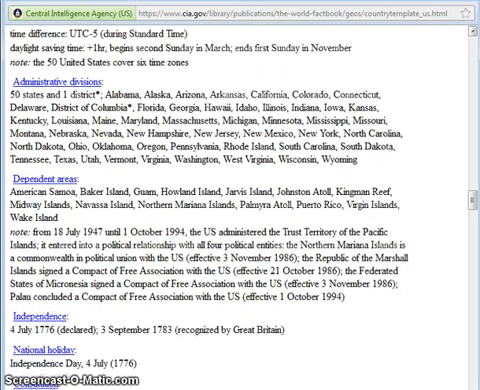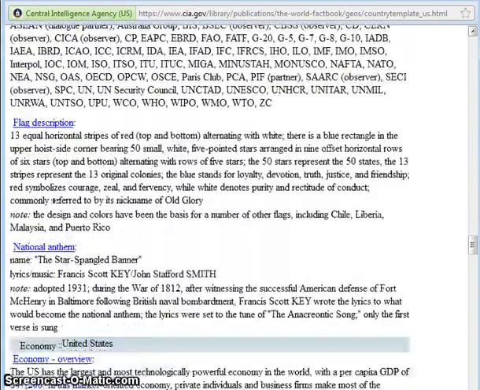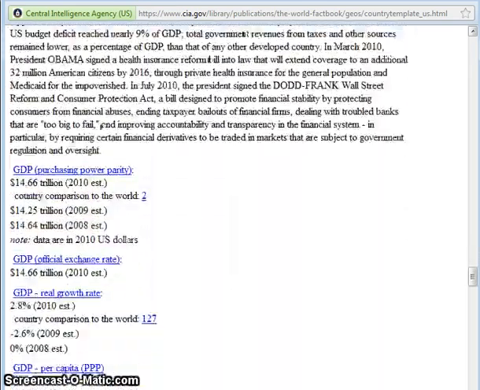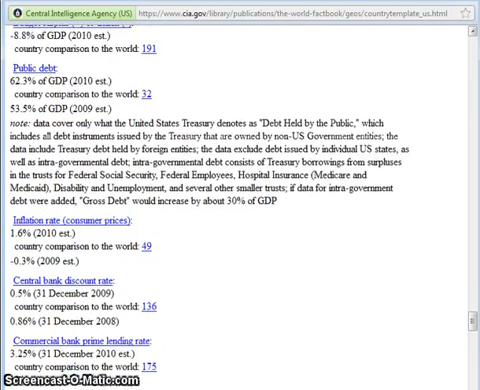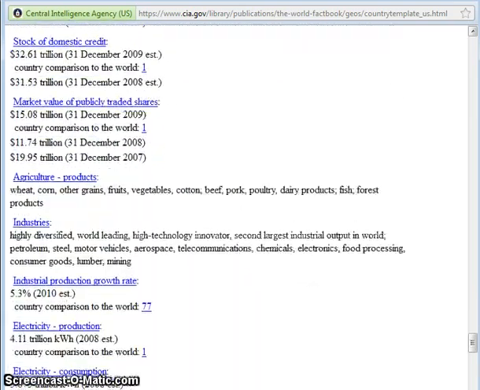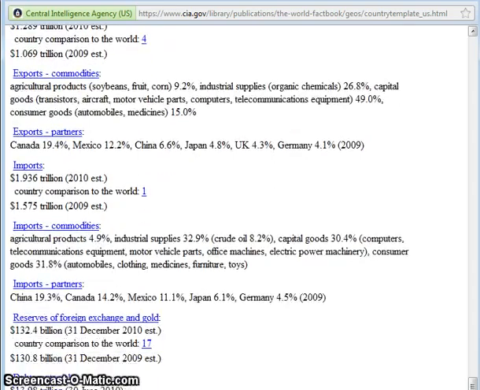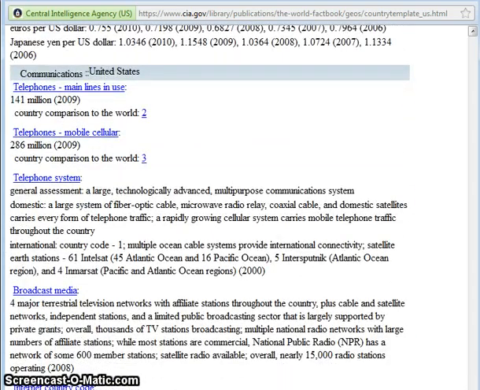But obviously it's got stuff about the government. I know I'm going through this very, very quickly, but I just want to show you the headings at this point, and then the economy. Communications, and then there's others too.